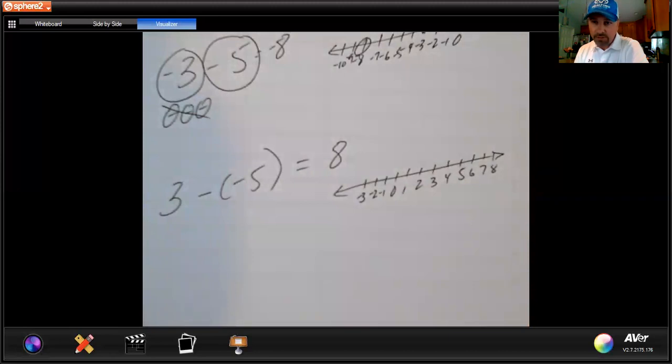There's a number line. Now, I didn't say this earlier, but you're not going to have time to sit down and write out a number line to do these problems. Okay. That's not what I'm saying. I'm not saying you need to do that. I'm trying to give you an understanding of the concept, a way to think about it. But eventually, you're just going to be able to look at these and do them, just like you can do an addition problem in your head right now.